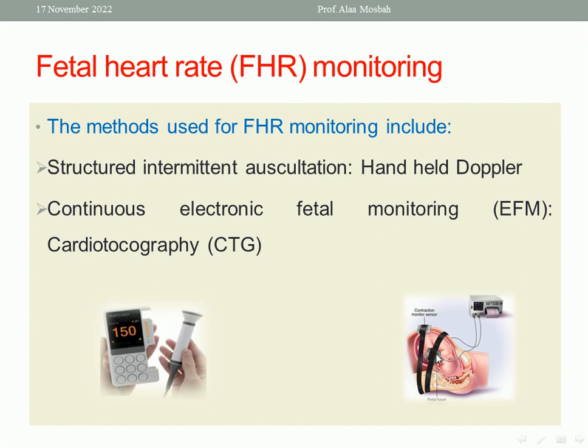As you see in the picture, there are two transducers: the lower one for the fetal heart rate assessment, and the upper one on the fundus of the uterus for detection of the uterine contractions. Both are connected to this monitor, and this is the printed paper strip containing both the number of contractions per 10 minutes and the fetal heart rate tracing.